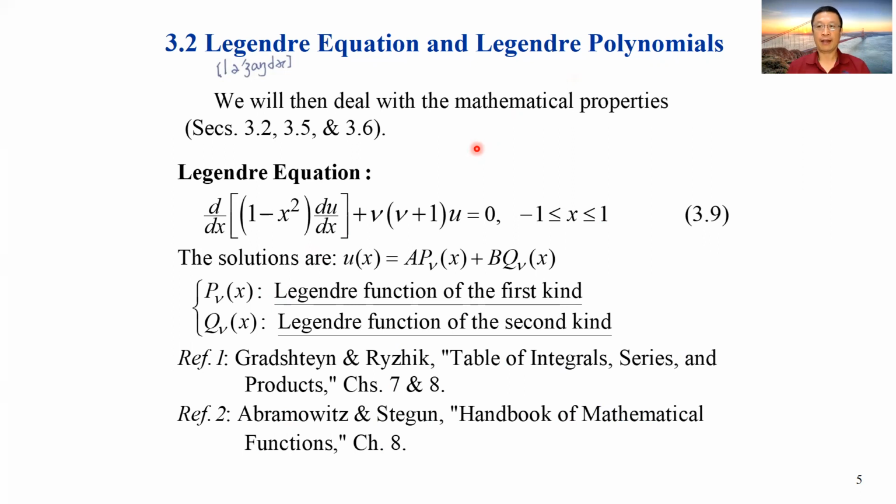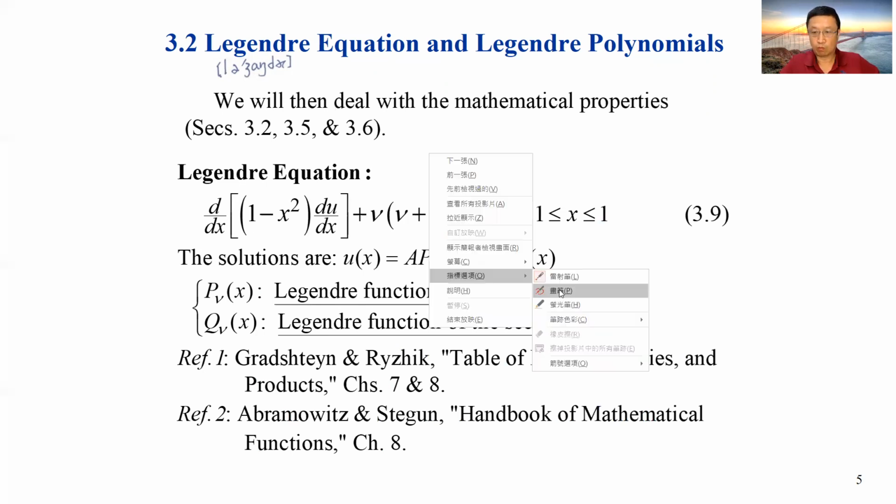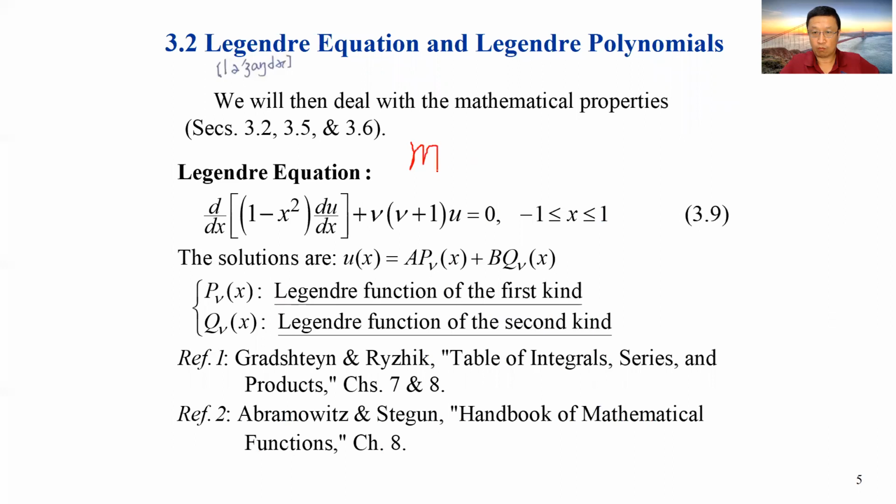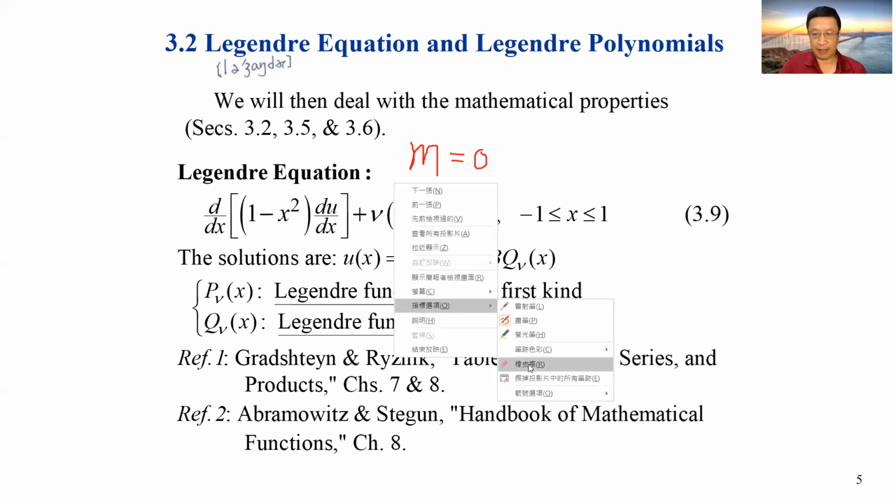Legendre equation and Legendre polynomial, mathematical properties first. So m equals 0, and this case will become simpler, much simpler.